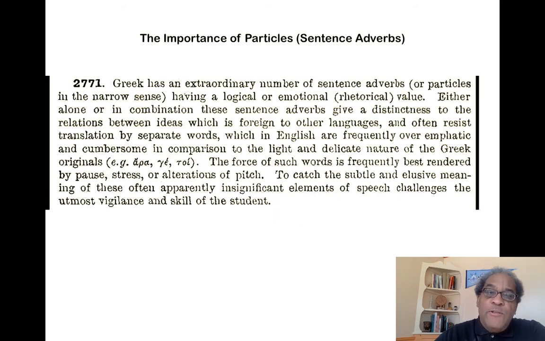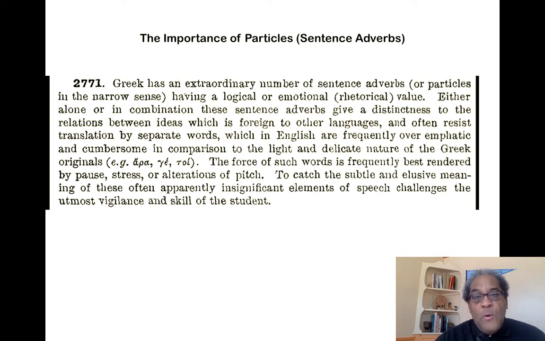Now, I want to just read this bit from Smyth about the importance of the particles so you realize why I'm paying such attention to them. Smyth writes at 2771, Greek has an extraordinary number of sentence adverbs, or particles in the narrow sense, having a logical or emotional, that is, rhetorical value.